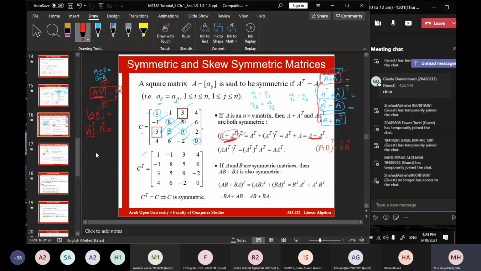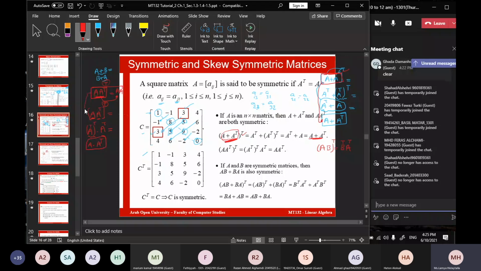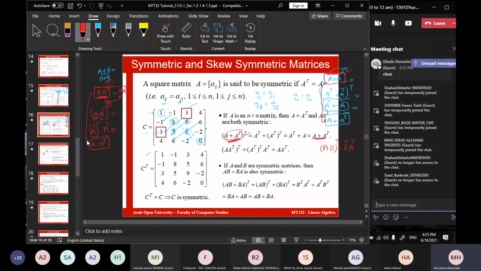The transpose of the transpose of the matrix will give me the matrix times A transpose. Did I reach it or not yet? We compare this one and this one. Do we need extra work? No, I am already there. So I found that the transpose of this matrix is the same as the matrix. So I'm done. That means it is a symmetric matrix. Clear?